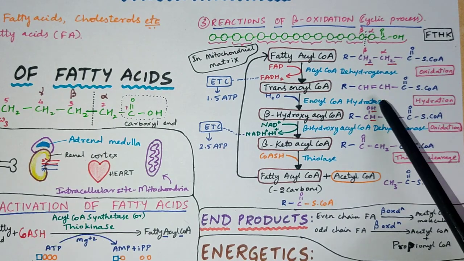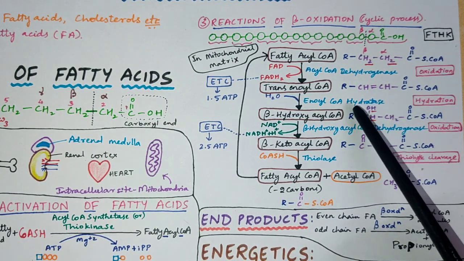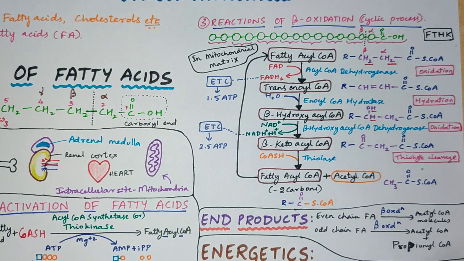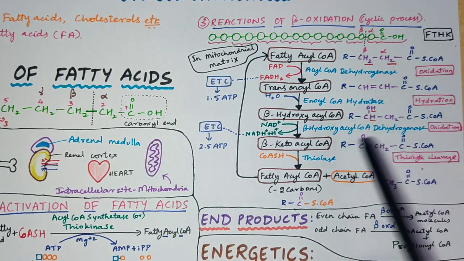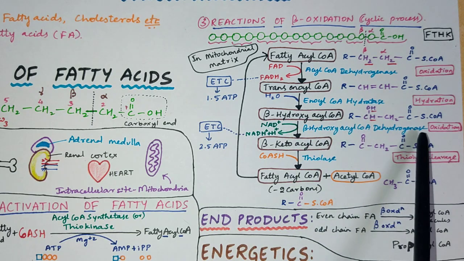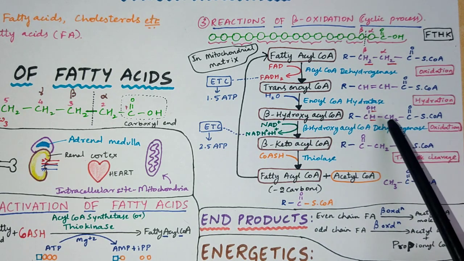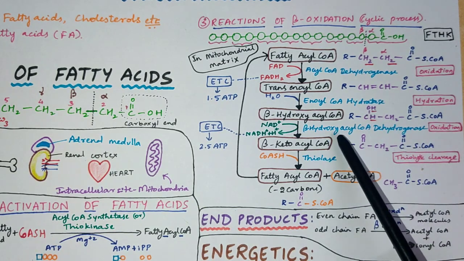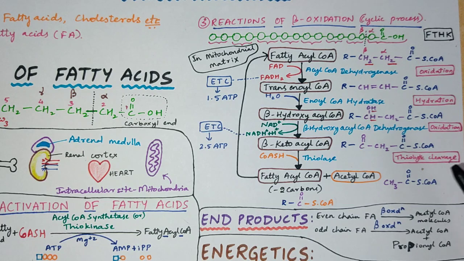We are hydrating the molecule, right? So the enzyme name is hydratase, enoyl-CoA hydratase. Then in the third step, that is oxidation again, the enzyme used is beta hydroxy acyl-CoA dehydrogenase. Here again we are removing hydrogen, dehydrogenase. So the name is beta hydroxy acyl-CoA dehydrogenase.